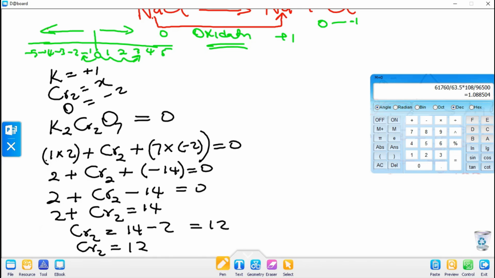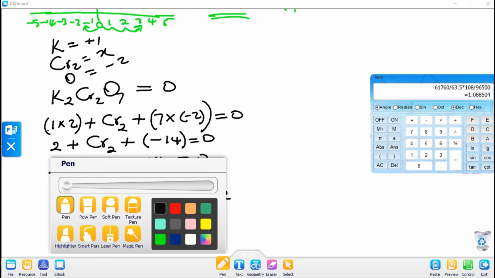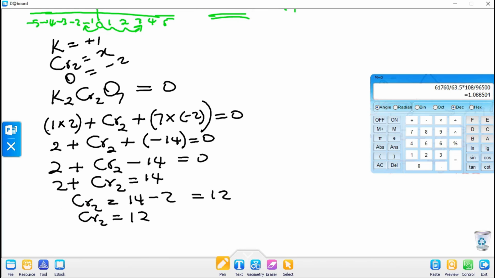So let's look at that. Let's lift that up a little. Okay, so we have this. So to look for our chromium, therefore, we're simply going to say it is either you write it 2Cr or Cr2, whichever you wish to do. So to do that, we have over 2 and then 12 over 2.